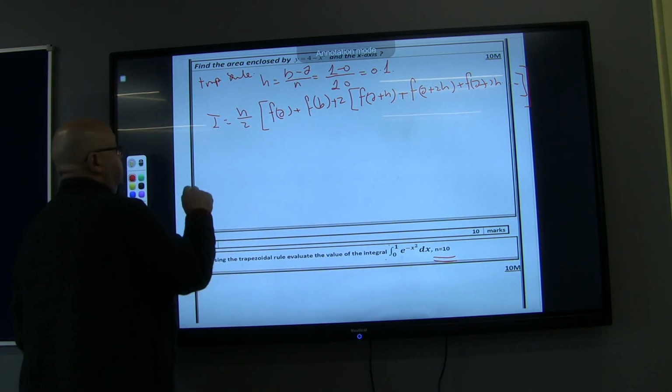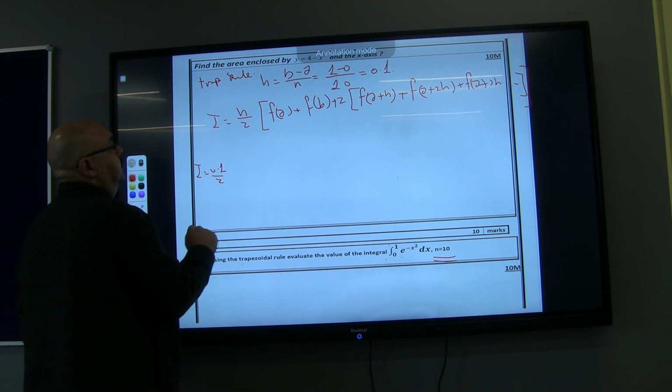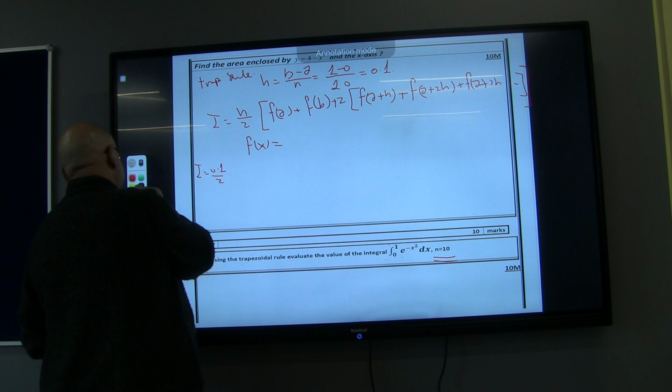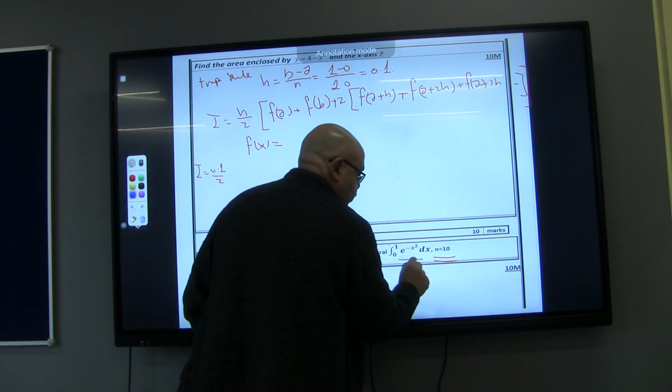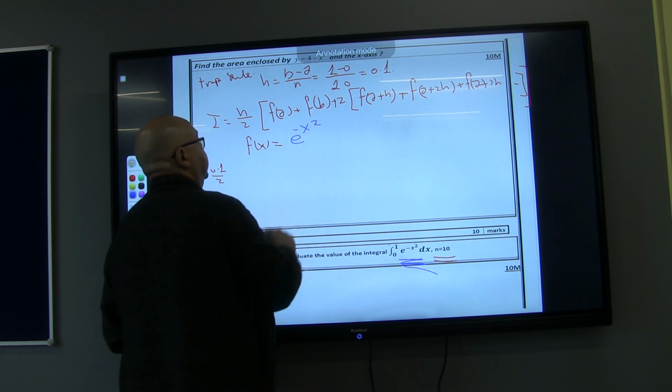And we will start substituting. So I equals 0.1 over 2. Here f of x, the function in the integrand that we are dealing with, is e to the power of negative x squared.